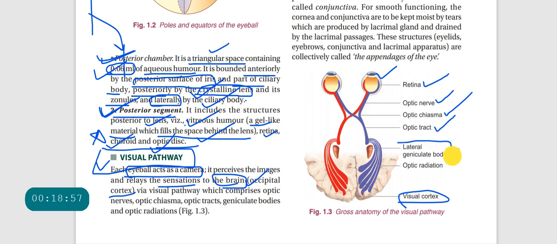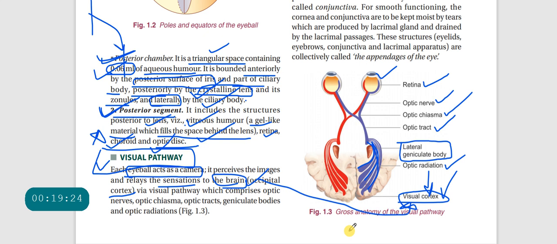These radiations that you can see over here ultimately go to the visual cortex. This visual cortex is present in the occipital cortex of the brain. Very simple.